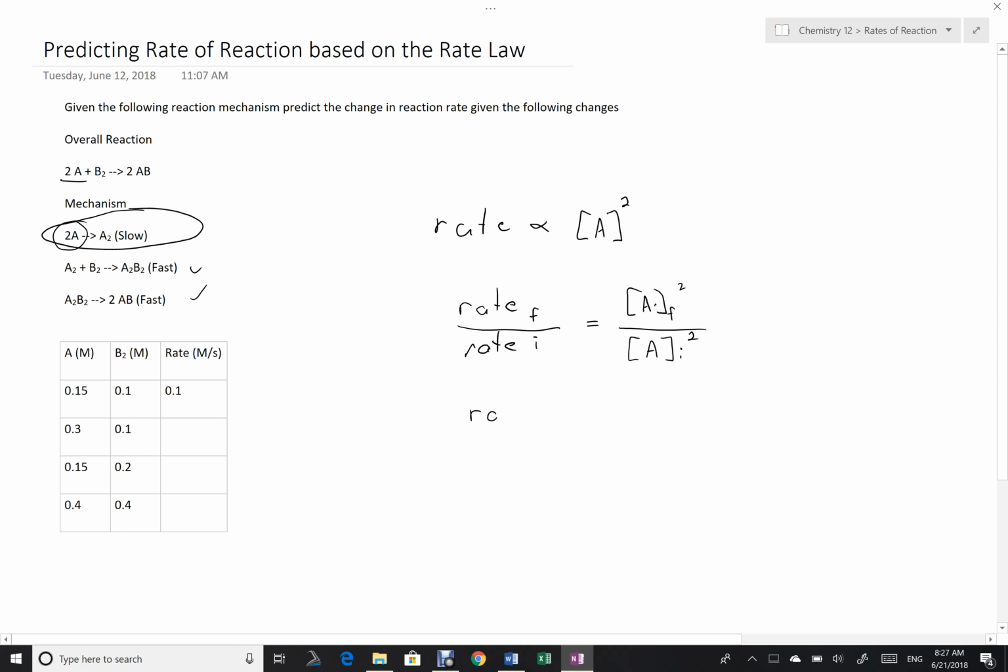So I want to know what my final rate is, or what my rate is going to be with the changed concentration. My initial rate is 0.1. I took that from right here. And I can see that my final, so I'm predicting for this spot right here, my final is 0.3 molar squared because of the rate law, divided by my initial, 0.15 molar squared.